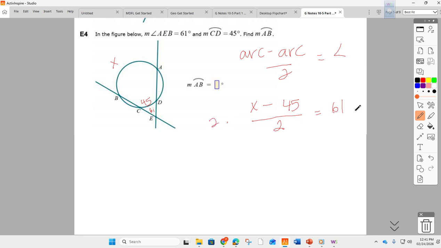Ours is always going to be times 2 because that's our formula, which leaves us x minus 45 equals 122. We're going to add 45 to both sides, and x equals 167. So the measure of arc AB is 167 degrees. If we want to double check it, take 167, subtract 45, divide by 2, and you should get 61. Any questions?